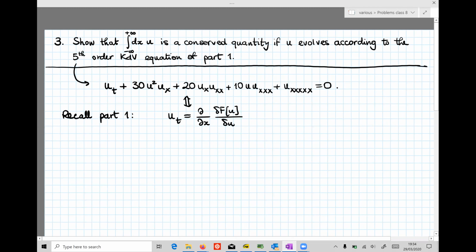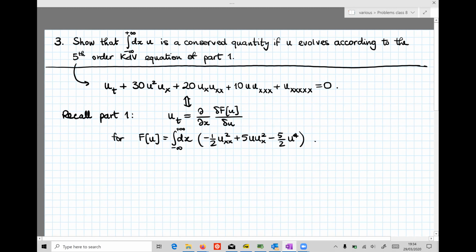Okay. For again, the functional F of u, which is equal to the integral dx from minus to plus infinity of small f, which is minus a half uxx squared plus 5 ux squared minus 5 over 2 u to the fourth, and then again I set c to 0.